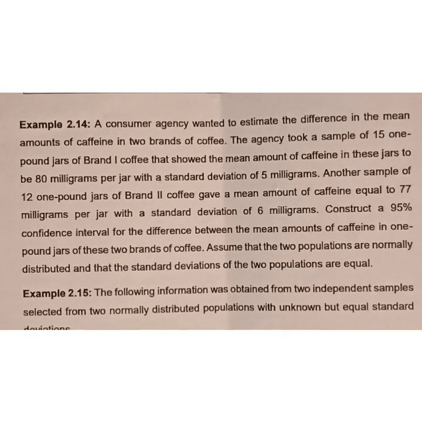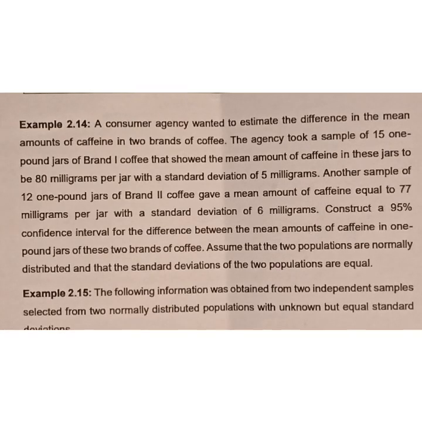In this question, they're requiring you to find the 95% confidence interval. Now let's use this 95% confidence interval to do hypothesis testing. Then we can conclude, using hypothesis testing, if the means of the caffeine jars of the two brands are equal.